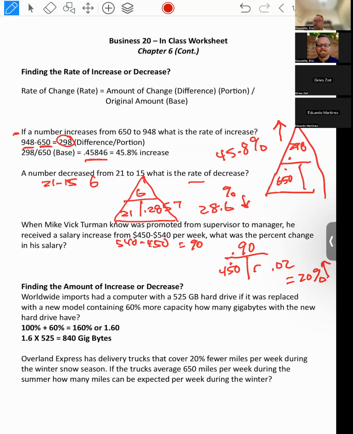Remember in the first question here, we had 650 to 948. I was tempted to use the 948, but then I realized, no, it has to be the original number. So whatever the original number was, that's always your base. That's always your starting point. So 650 here, 21 here, even though this one went down. And then here it would be 450. So you divide 90 by 450.